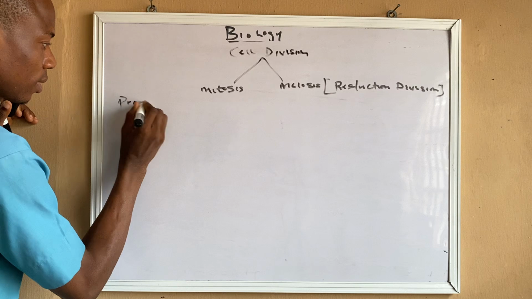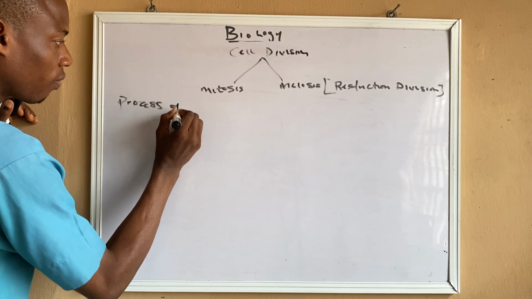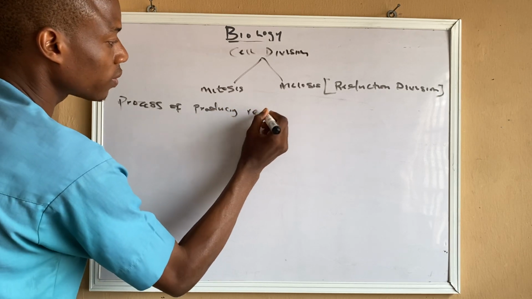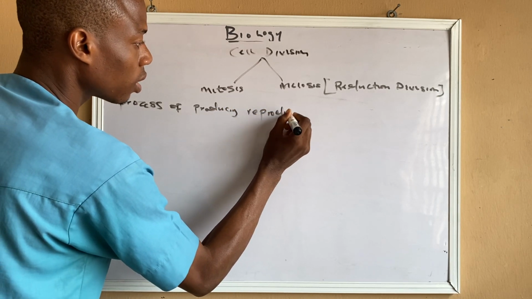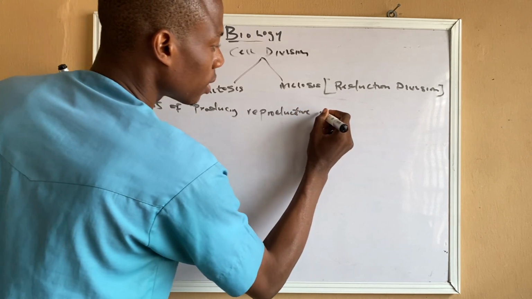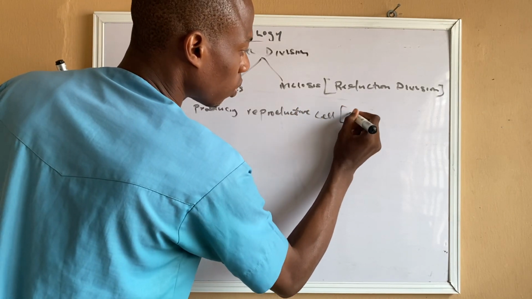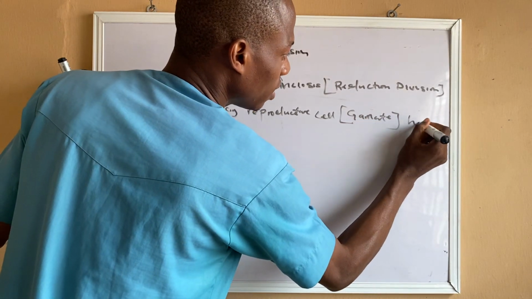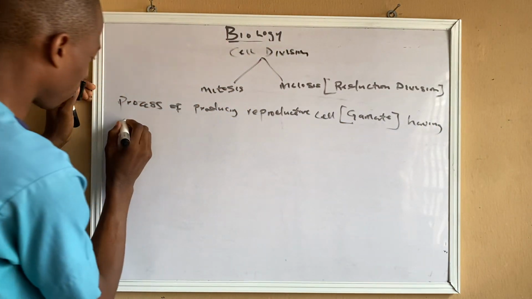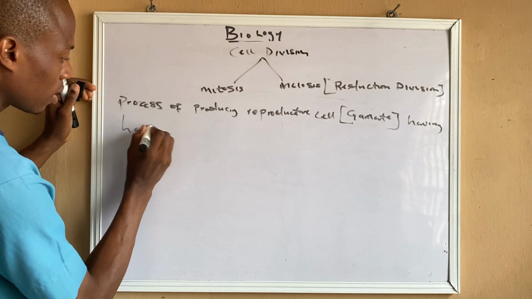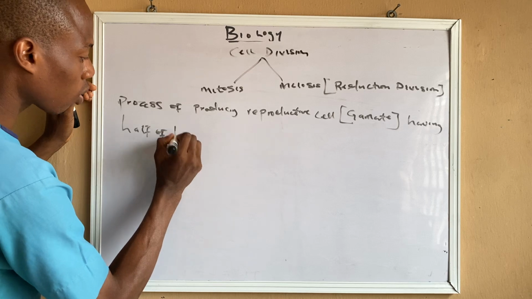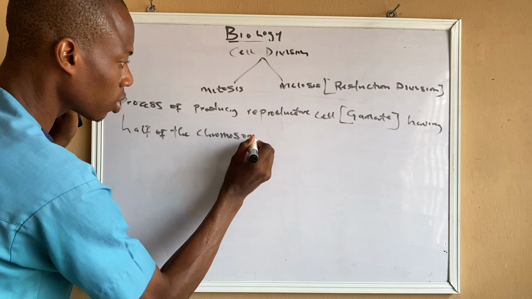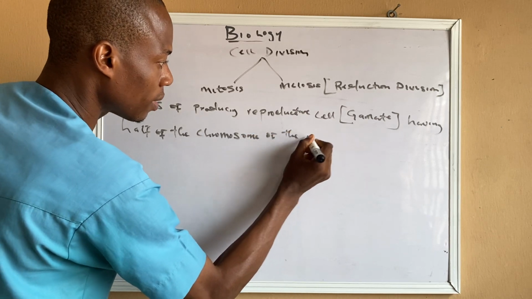The process of producing a reproductive cell, which is known as a gamete, having half of the chromosomes of the parents.